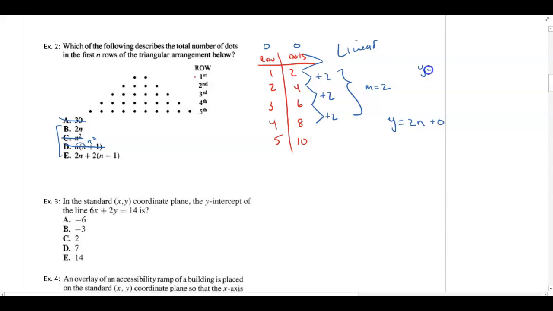Other people would put it in a point-slope form. 2 times n minus 1 plus my y value of 2, and when I simplify this, 2n minus 2 plus 2 would give me 2n. These eliminate to give me 0, so y equals 2n would be my function.